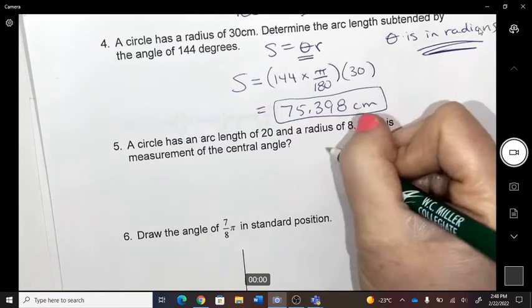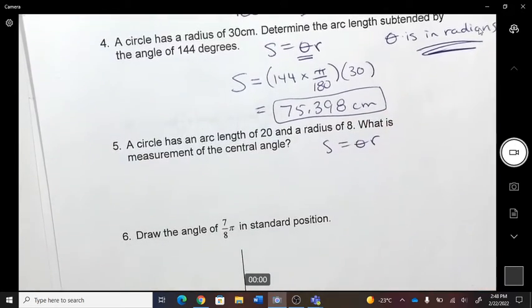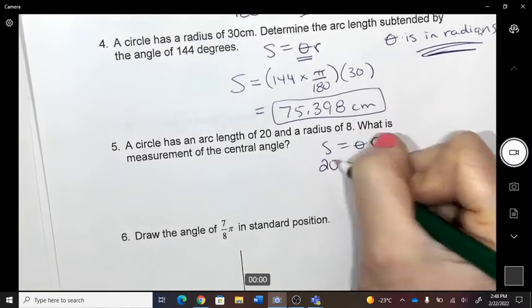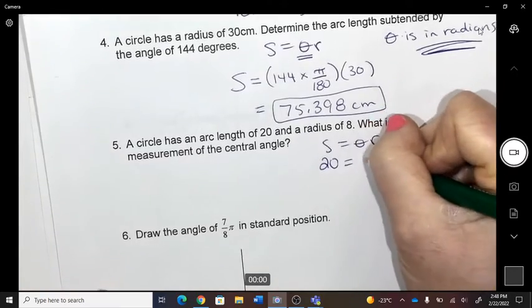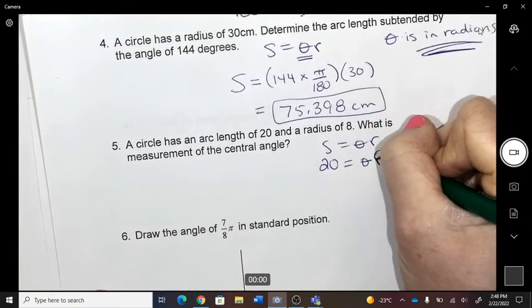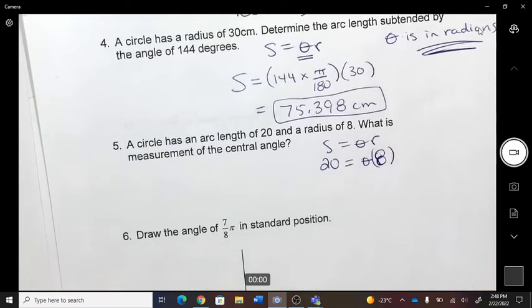Okay, so this time, again, the same formula. A circle has an arc length of 20, so I have the arc length this time, and the radius of 8. What is the angle?